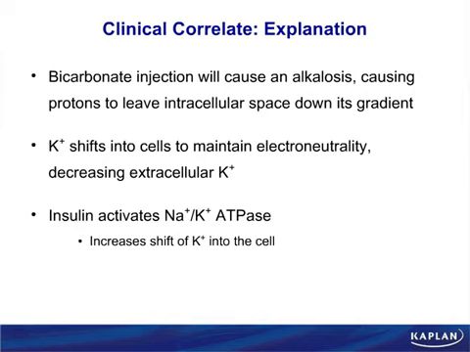So this is why we use insulin to treat hyperkalemia. This is why we use bicarbonate to treat hyperkalemia, because they both shift potassium from the extracellular space to the intracellular space. Now, if you give high insulin levels, it may actually cause hypokalemia, but in this situation we use it because we want to move potassium into cells.